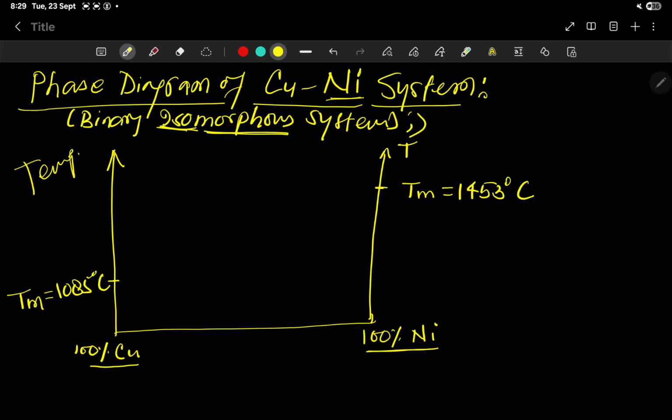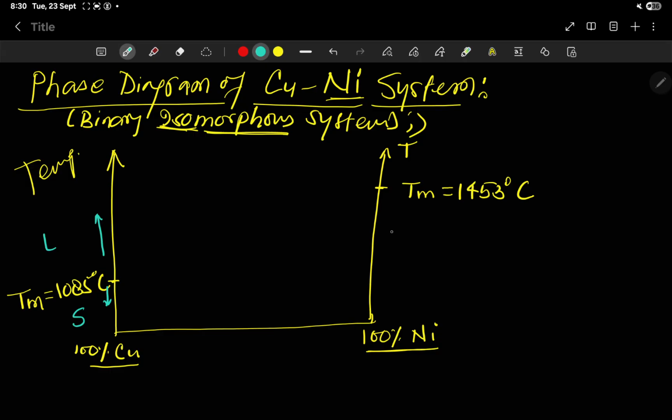Okay, now tell me one thing. At this point, what phases will exist? If the temperature is less than the melting point of copper, then we get the solid phase, and as we increase the temperature above the melting point of copper, we will get which phase? Yeah, liquid phase, right?